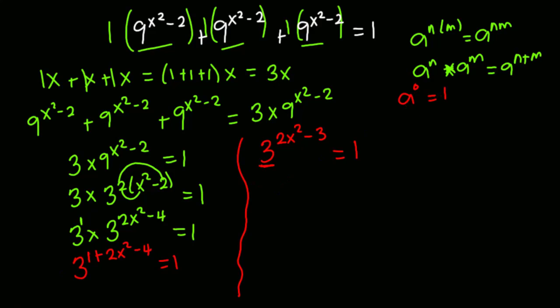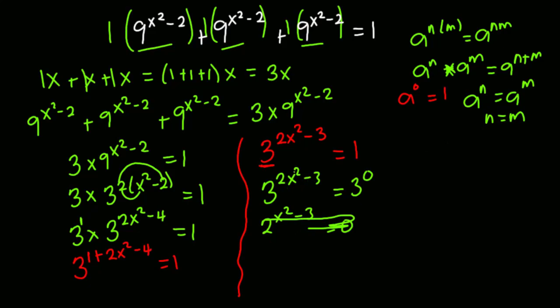And so this is the same as 3 exponent 2x squared minus 3 is equal to 3 exponent 0. And so from the law of indices, if we have a exponent n equal to a exponent m, it means that n is equal to m. So I'm going to equate 2x squared minus 3 is equal to 0.